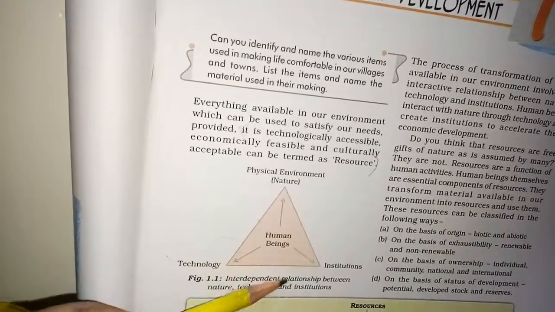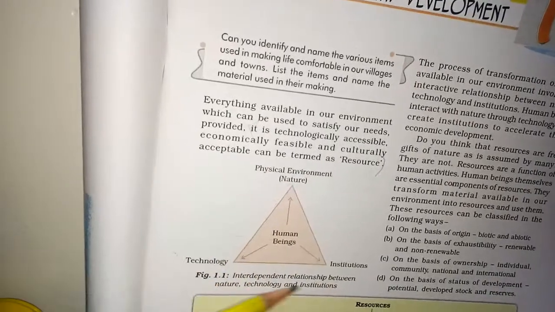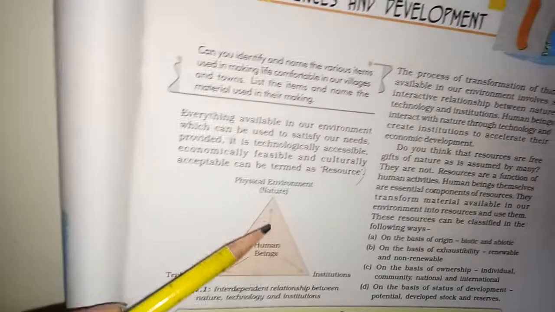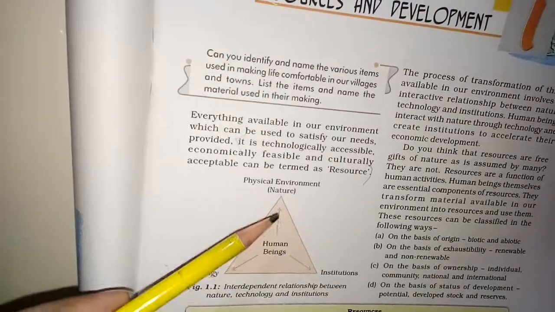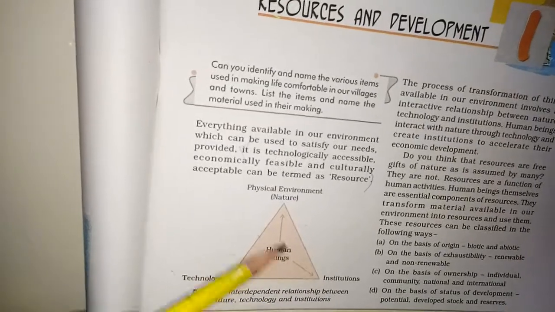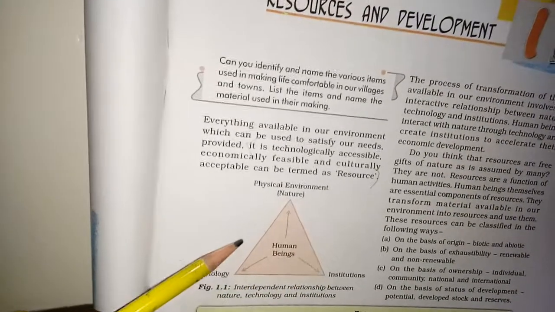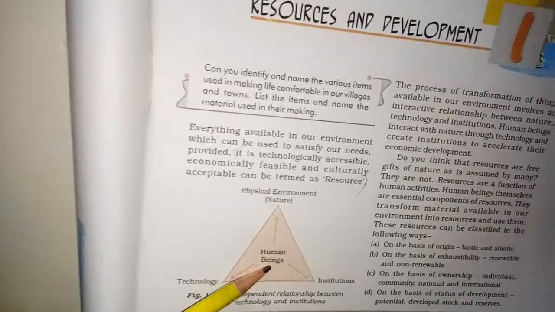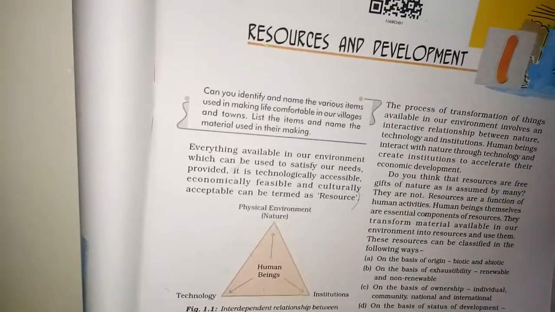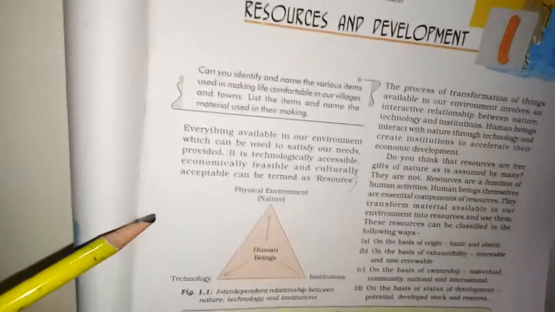And all these three things are interdependent with humans, because human beings need all these things, and also all these things need human beings to have a place in the world or in the environment.